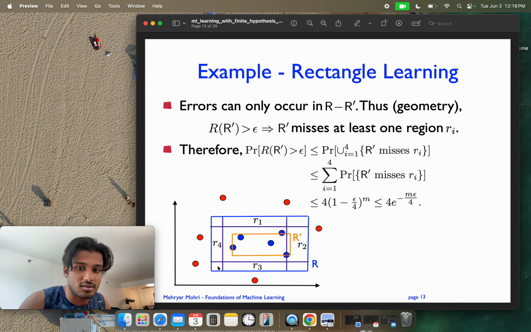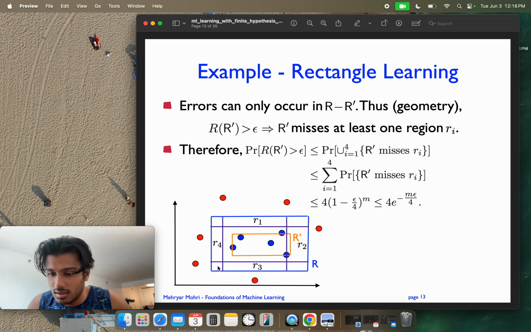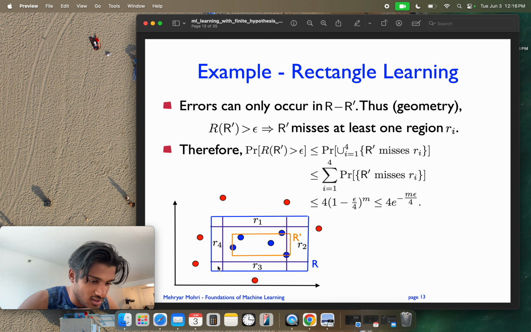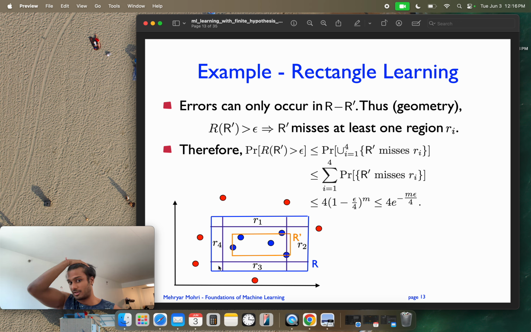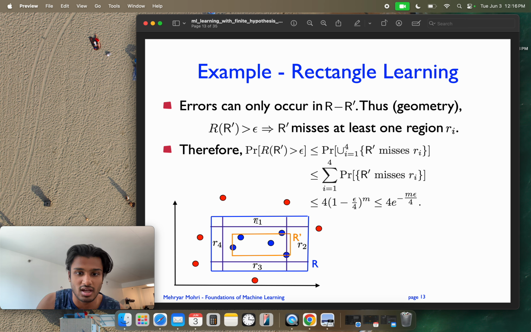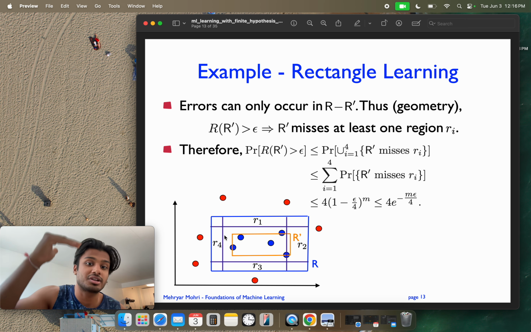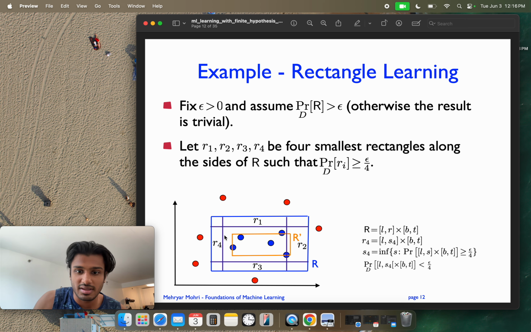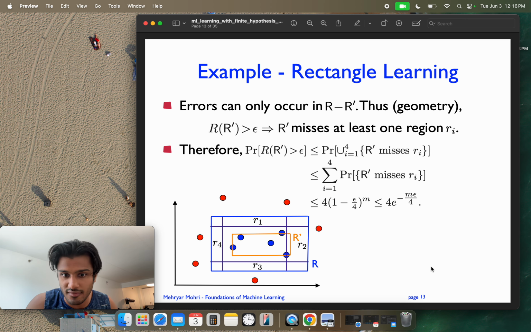So the risk of R, the area which is outside R prime is less than epsilon by 4. Like, imagine, because I chose my regions such that their areas are epsilon by 4, if R prime were to be meeting all of these regions, R1, R2, R3, R4, it is strictly inside them, and by being strictly inside, it means the area which is covered just by that one is strictly less than epsilon by 4.